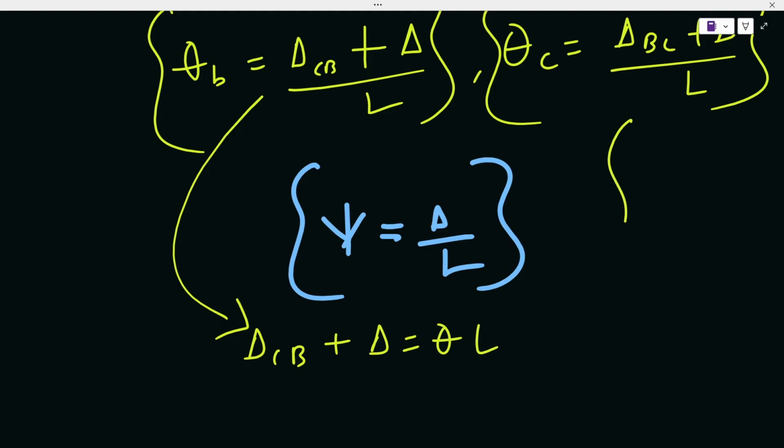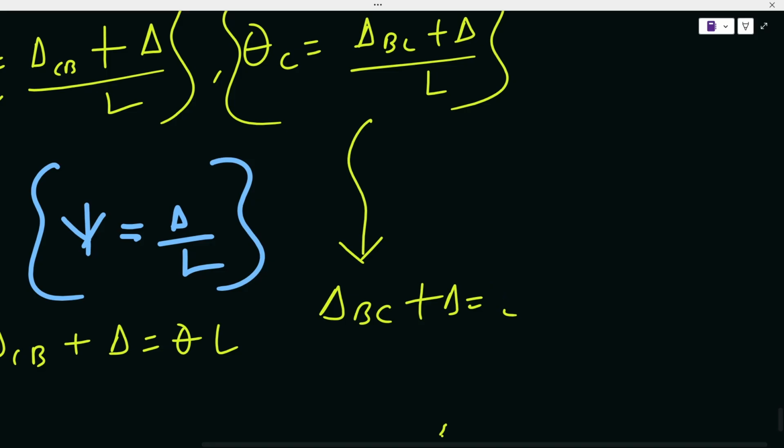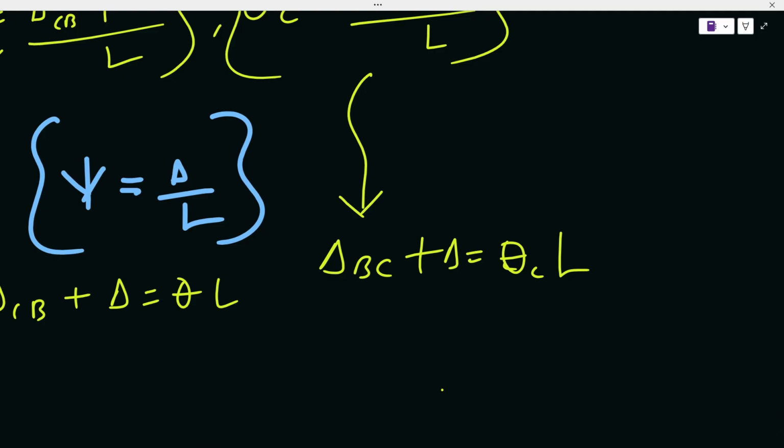From this one, I can say delta BC plus delta is equal to rotation CL.